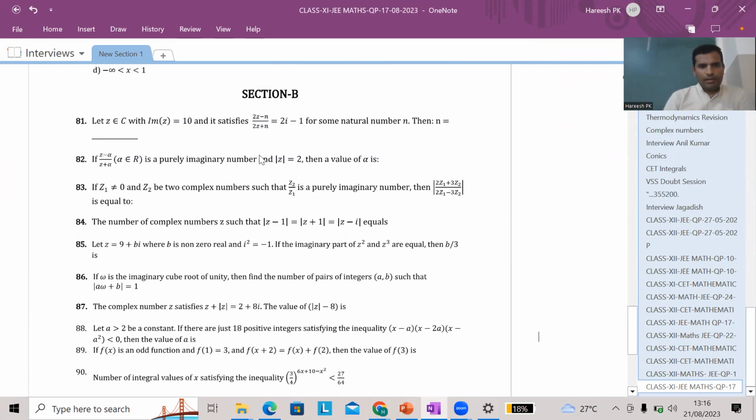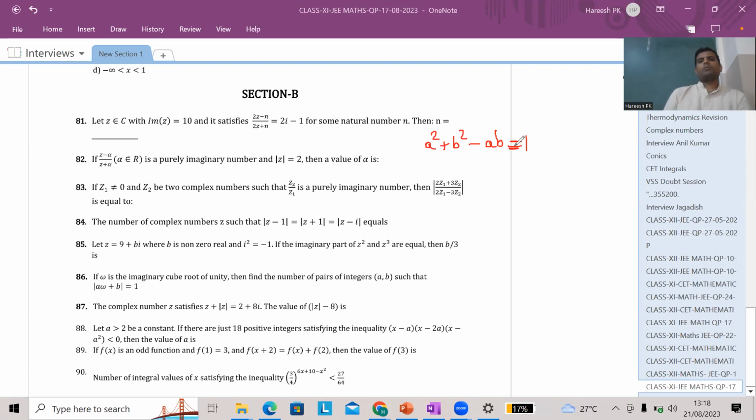We had to solve this, right? A omega plus B. Let's do that. So we arrived at this equation, right? A square plus B square minus AB equals 1.